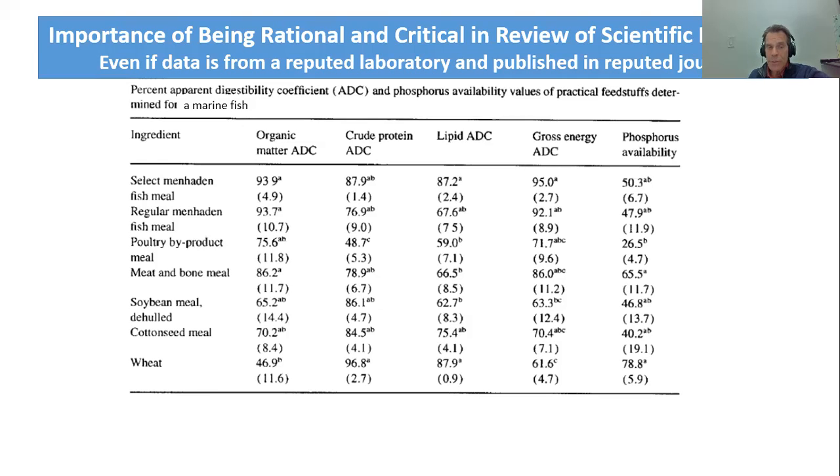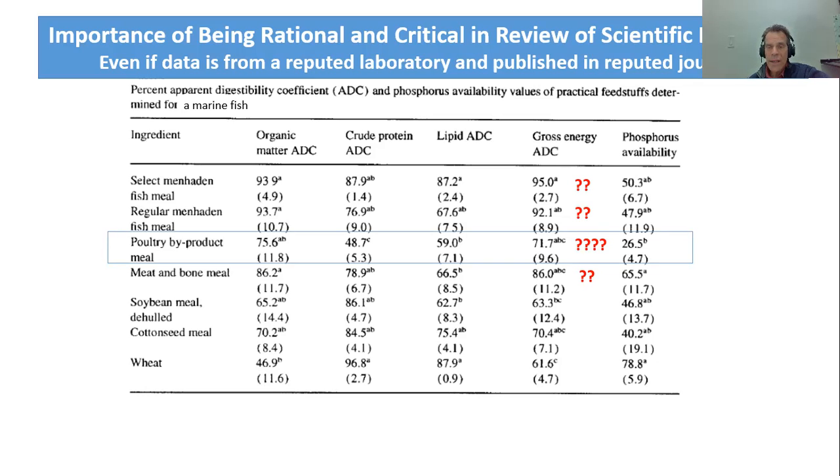They measured the digestibility of two different kinds of fish meal, two animal proteins, poultry byproduct meal and meat and bone meal, and three plant ingredients. I'll focus only on the animal proteins because in the animal proteins, the energy is only contributed by protein and lipids. There's no carbohydrate.